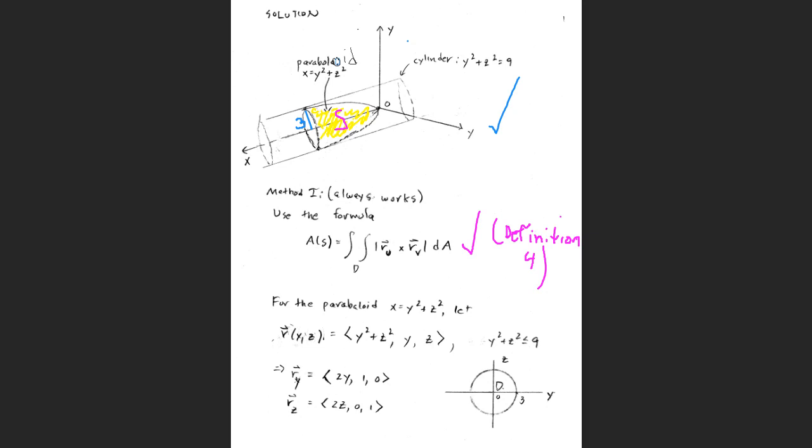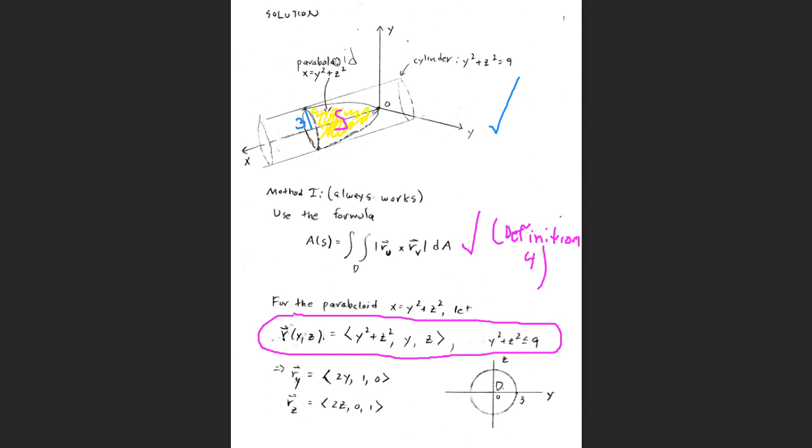So we want to parameterize the paraboloid. This parameterization is fine. Use parameters. Since x equals y squared plus z squared, let y and z be your parameters. So r of y and z has those components you see.